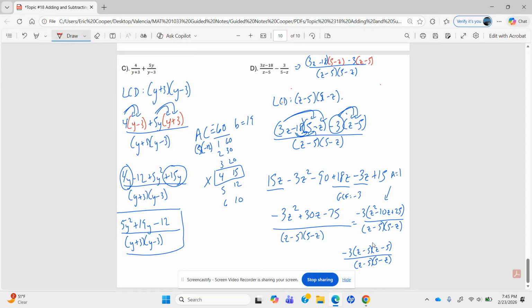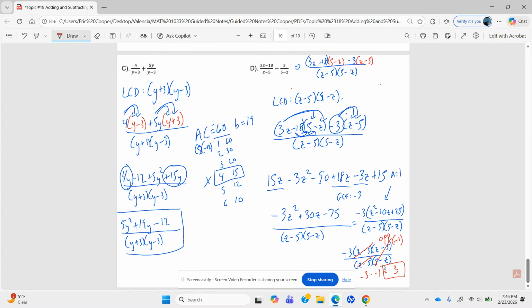We'll notice here that I've got z minus 5 on the top and the bottom. I won't cancel the second one because I already canceled this one, but I do notice that z minus 5 and 5 minus z are opposites. And when you cancel out opposites, it becomes a negative 1. So the only thing I have left here is negative 3 times negative 1, which simply gives me 3.